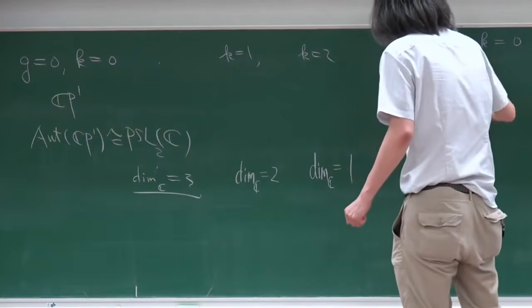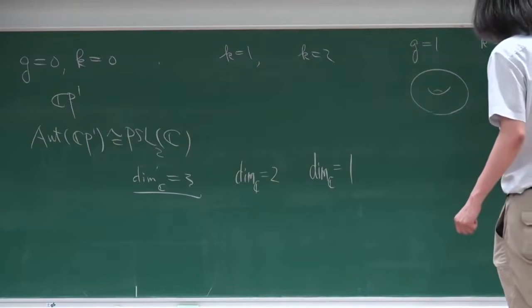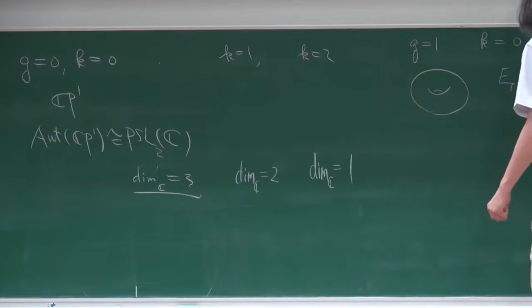And if g equal to 1 and k equal to 0, then in this case you certainly have an elliptic curve. As is well known, this can be written as a quotient of the complex plane by a certain lattice, where tau is in the upper half plane.